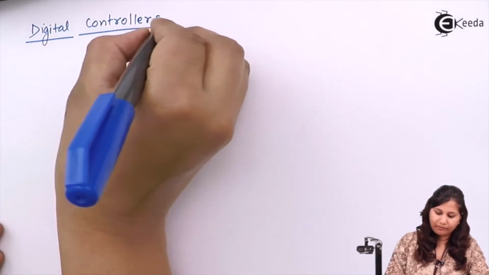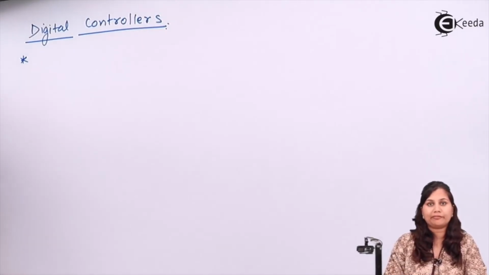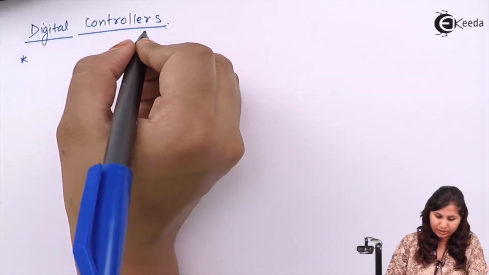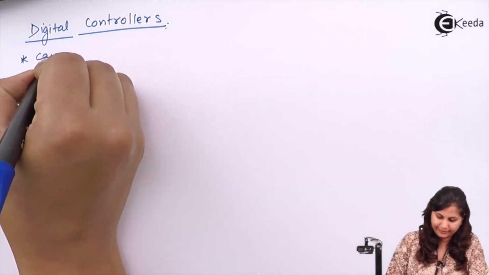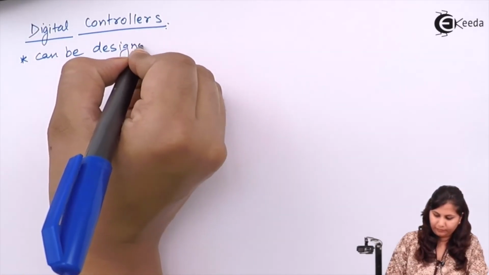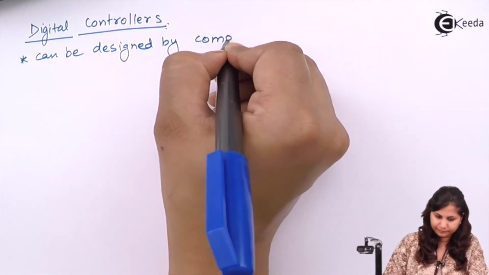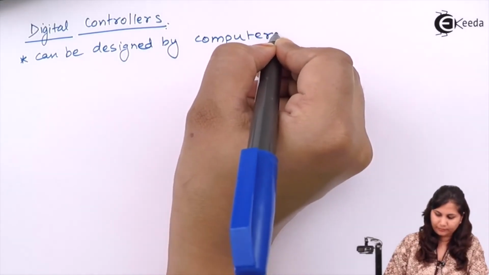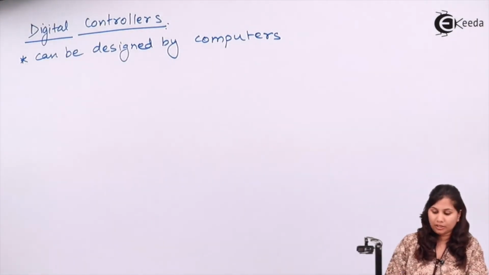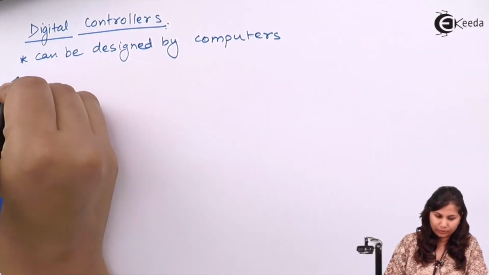Now, what are the advantages of digital controllers? Why are they more preferred over the analog controllers? Because digital controllers can be designed by computers. So the designing of the digital controller is easy as compared to the analog controllers.